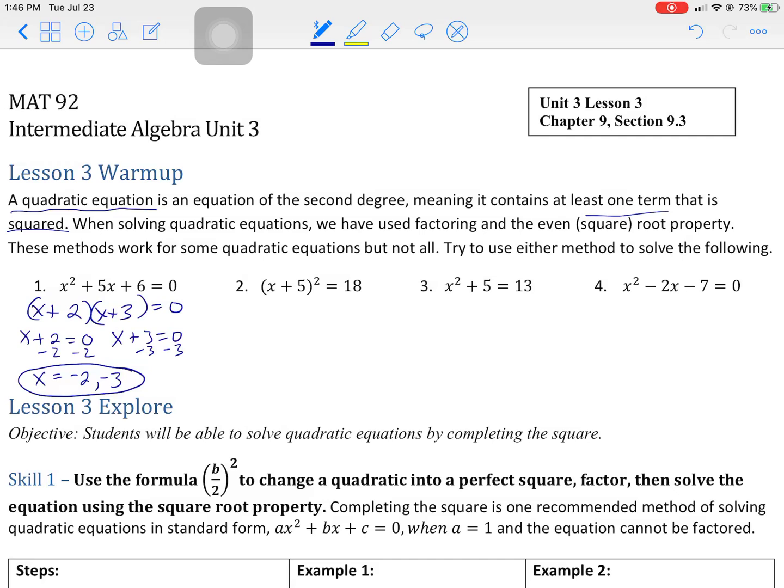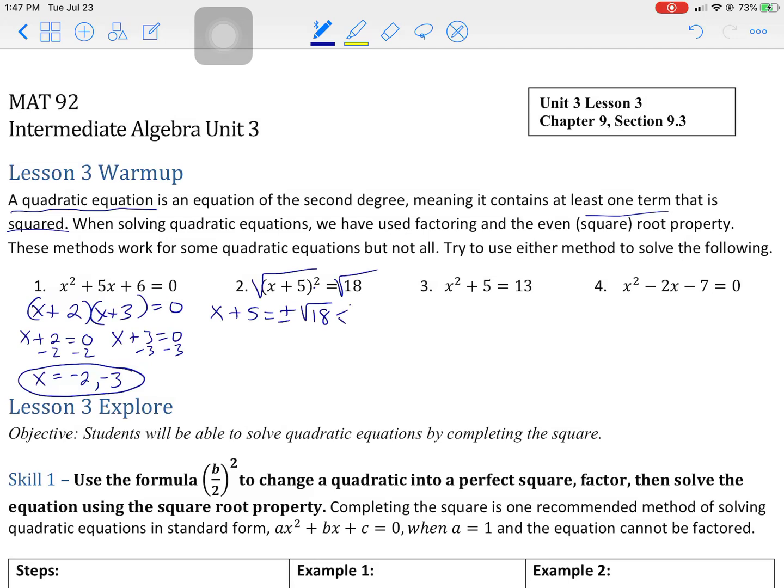Don't write it twice and FOIL it. Go ahead and use the square root property. It's easier. If you forget that, it will come out to the same thing, but let's do the shortcut way. If that's a 2, then we take the square root of both sides. You get the root, and since this is an even index or an even exponent, we're going to go with plus or minus the square root of 18.